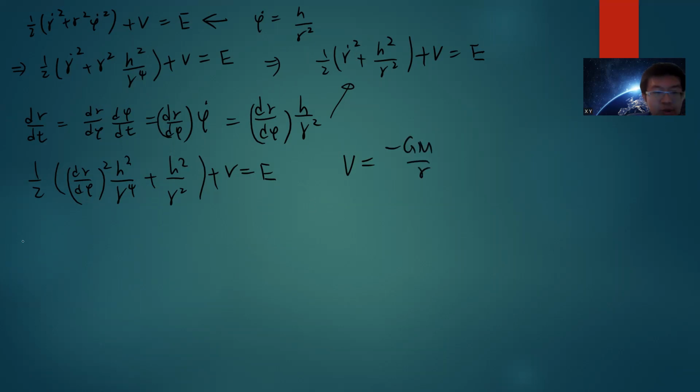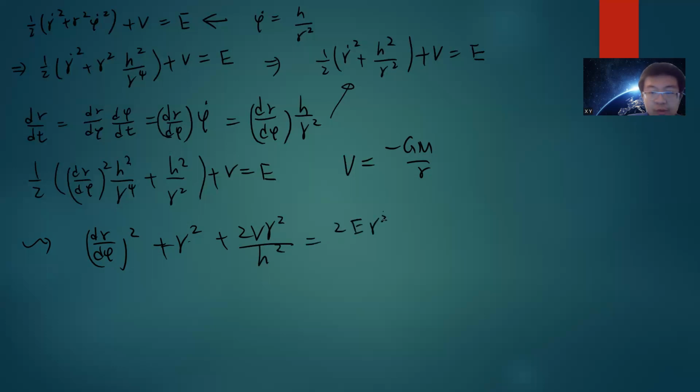So what we can get is the following: (dr/dphi) squared, plus, if I multiply by r to the fourth, this h squared cancels, then I get r squared plus 2V r squared, divided by h squared, equals 2E r to the fourth divided by h squared.